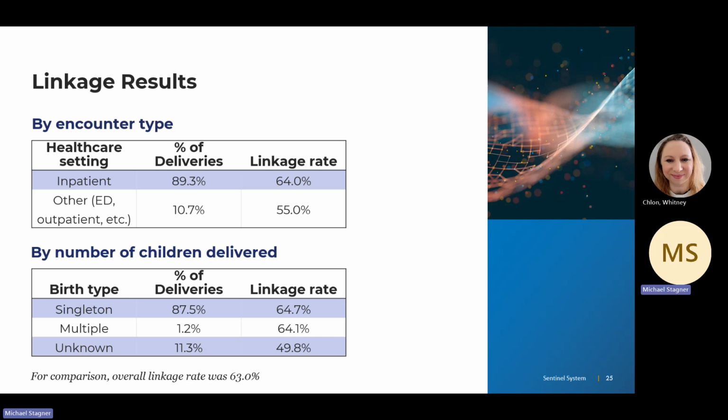And then some where the information available doesn't allow us to determine how many infants were in the live birth. And for the typical settings, our linkage rate is about what the overall linkage rate is. And then in the atypical situations, our linkage rate isn't quite as good.